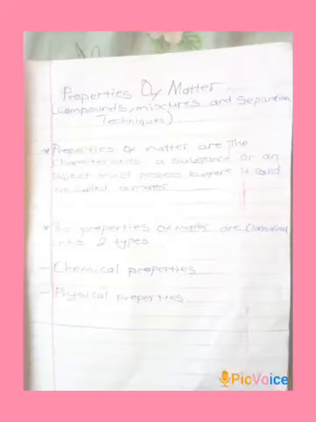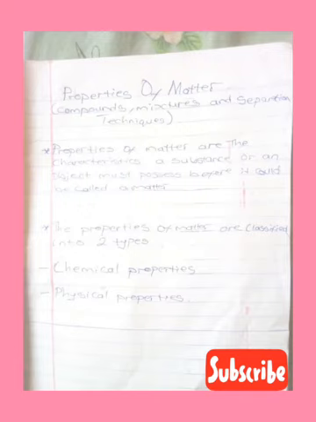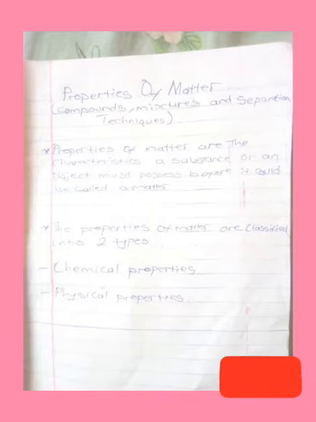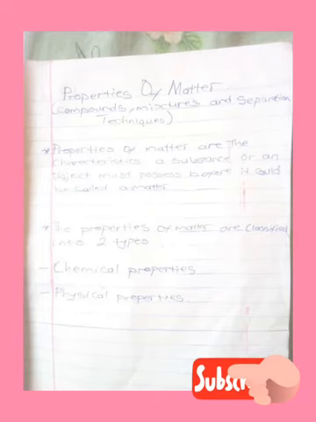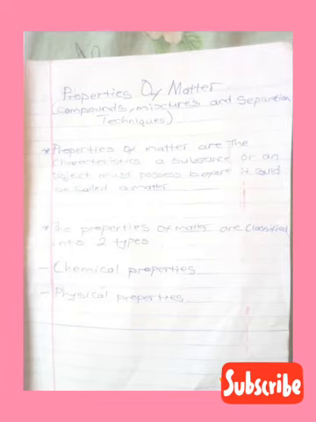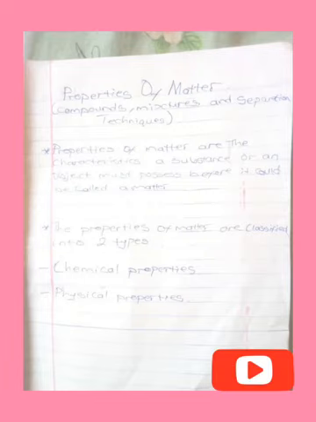Properties of matter are the characteristics a substance or an object must possess before it could be called a matter. The properties of matter are classified into two types: chemical properties and physical properties. Chemical properties are the properties of matter that possess chemical change, and the chemical change is a change that also changes the identity of a substance due to breakage and formation of new chemical bonds.